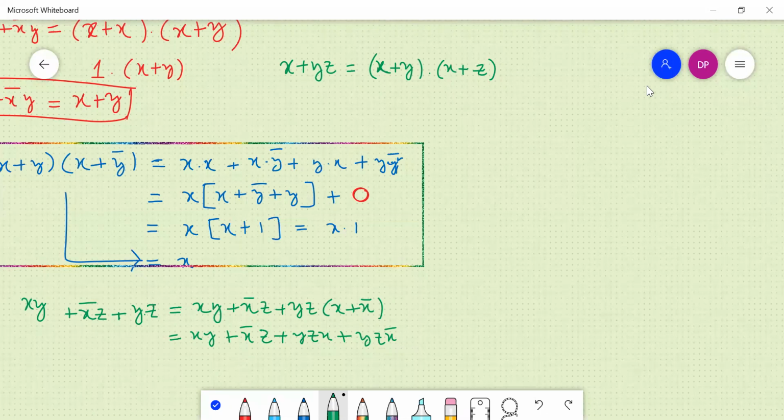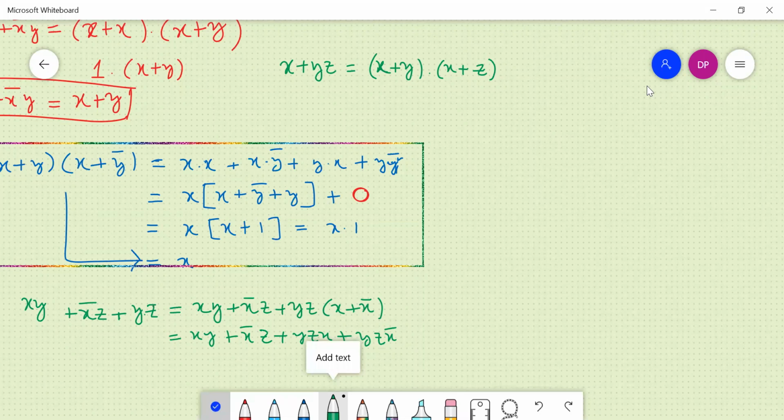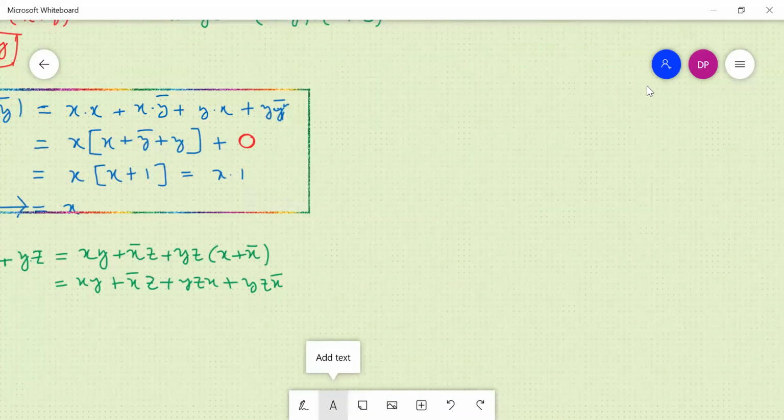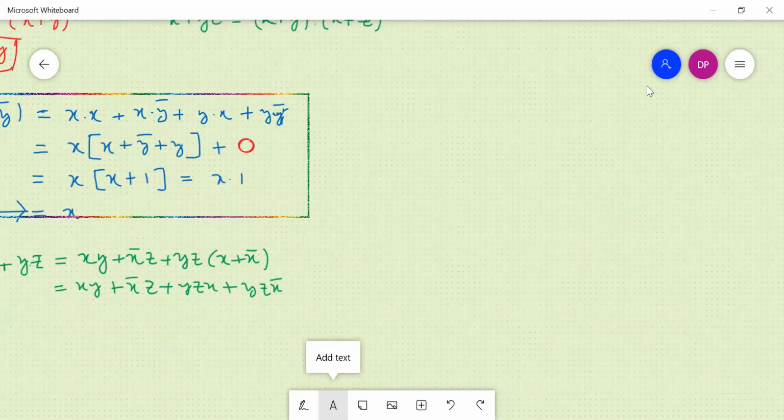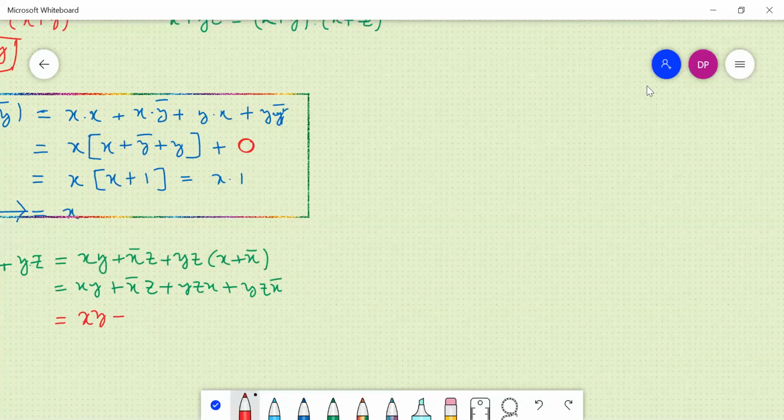Now we'll try to solve this. Take xy, xyz, I'll write like this. Then I will take x bar z, x bar z y. Now what can I take common?